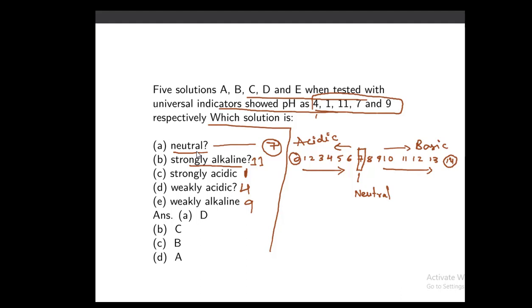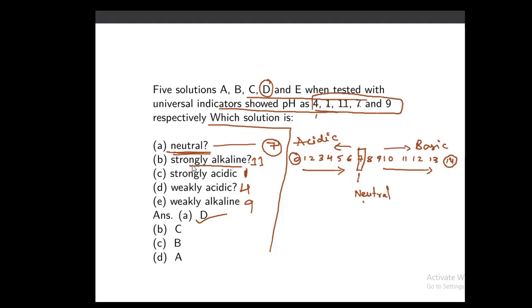Got it? According to this question, A, B, C, D, E are a few solutions, and they are given 4, 1, 11, 7, 9 as the pH values. Which will be the neutral solution here? The neutral number is 7. 7 is in the fourth place: 1, 2, 3, fourth place. Here the fourth is D. So the first answer is D. Got it?